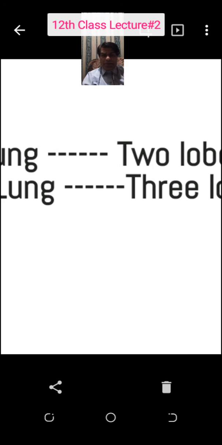The number of bronchi, the number of respiratory tubes in the lungs, depends upon the lobes. The more lobes, the more tubes, because you will give more oxygen.